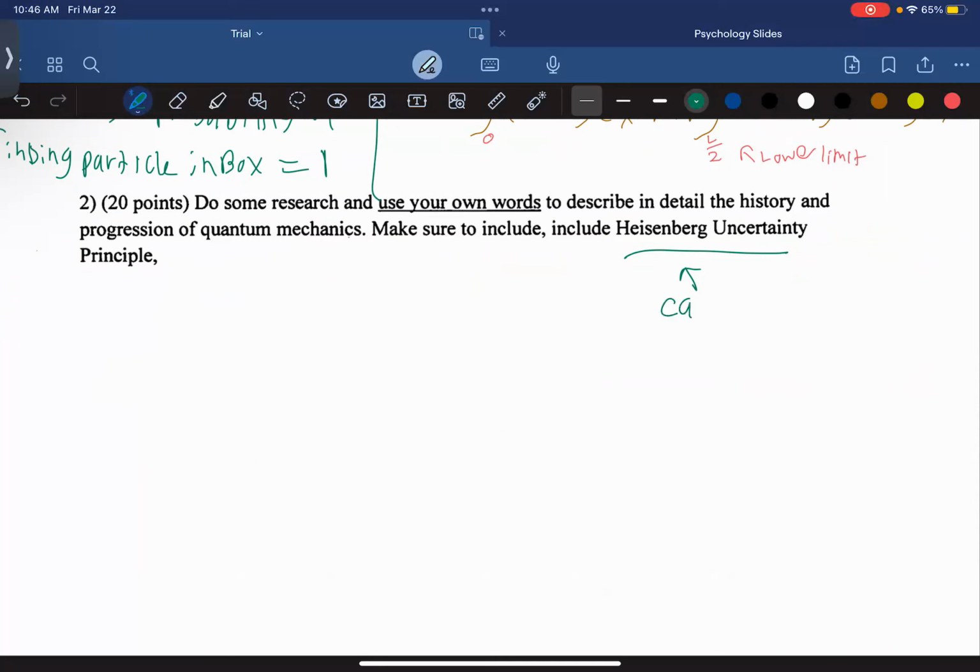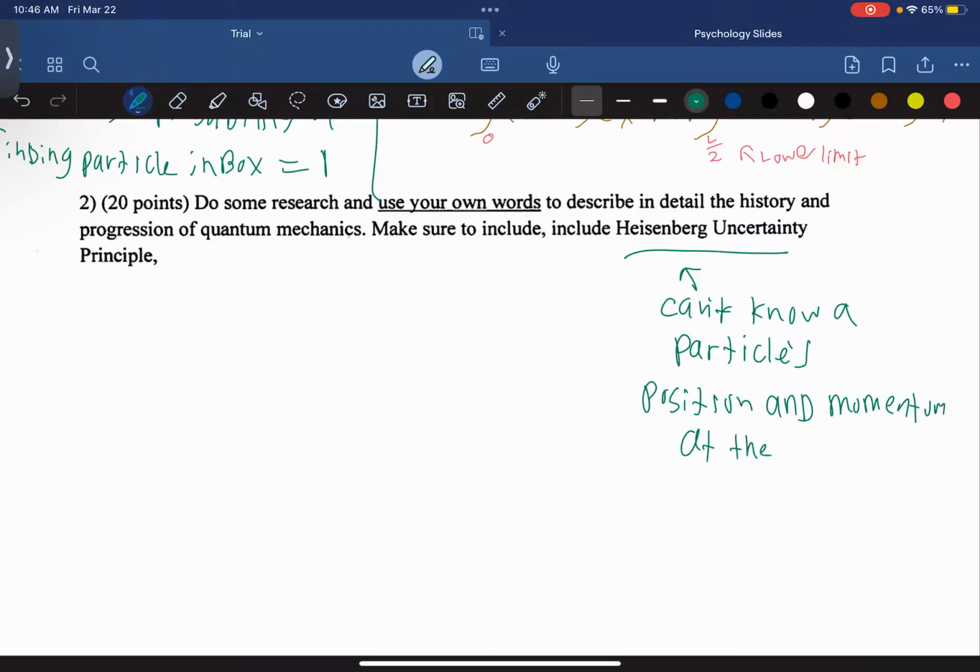So can't know a position and momentum at the same time.